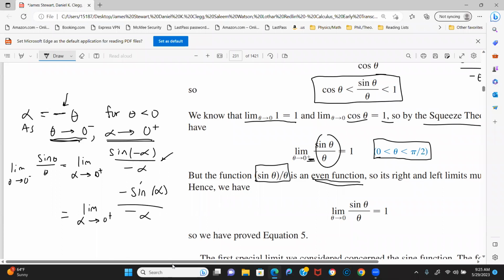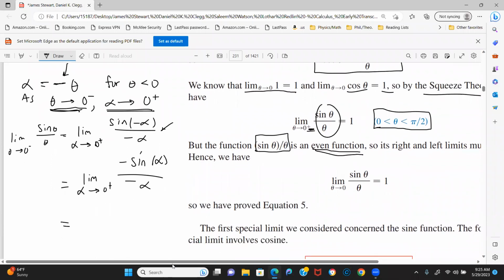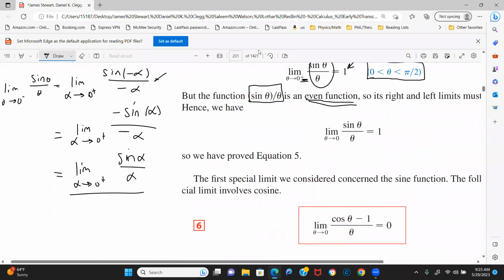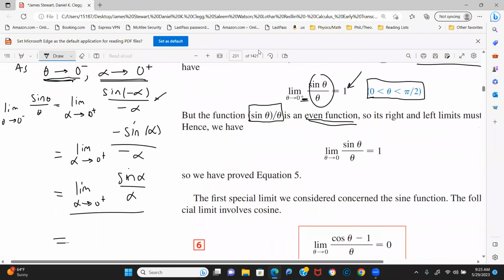Pull the negative out because sine is an odd function. They cancel. I get sine of alpha over alpha. But this limit right here we just proved is equal to 1. We just used different symbols, so this is 1.